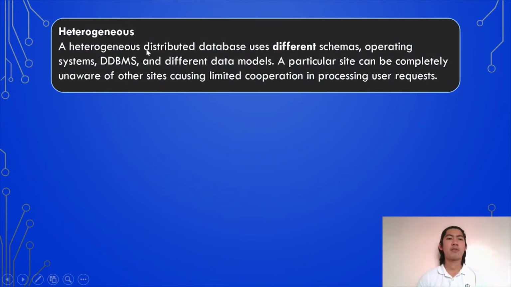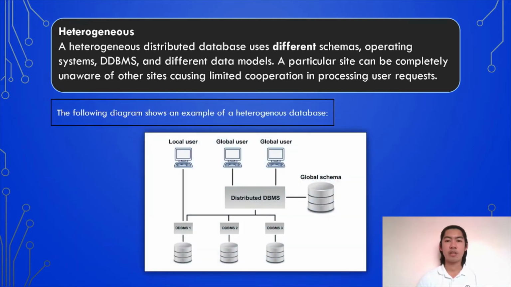Next is heterogeneous. Heterogeneous distributed database uses different schemas, operating systems, DDBMS, and different data models. A particular site can be completely unaware of other sites, causing limited cooperation in processing user requests. Ito yung kanyang illustration.